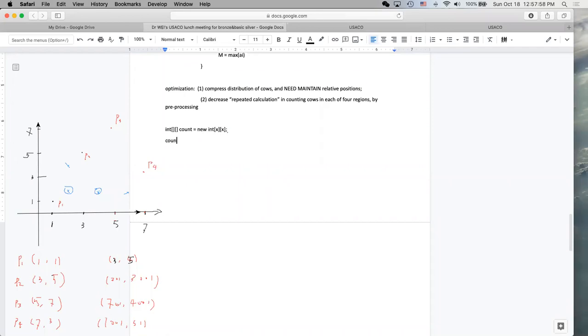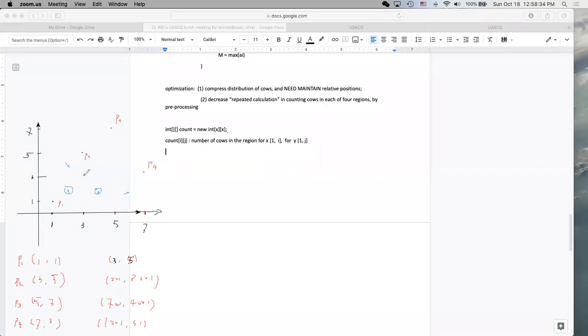So the idea for this count, the physical meaning for I and J, is that it indicates the number of cows in the region for X coming from 1 to I, and for Y coming from 1 to J. Okay, so for a point I and J, let's say here, for this example you're going to have only P1, right?